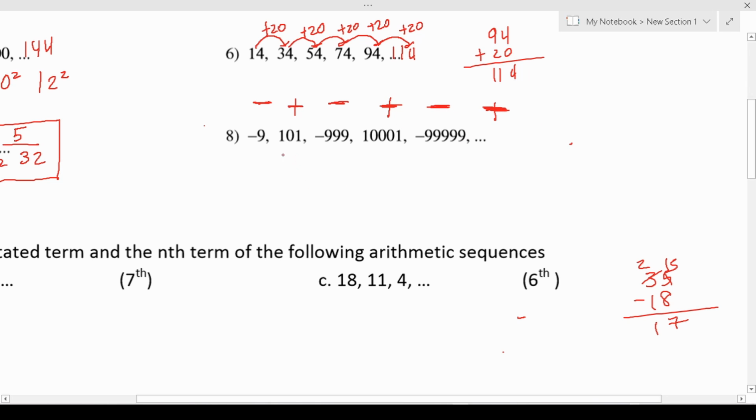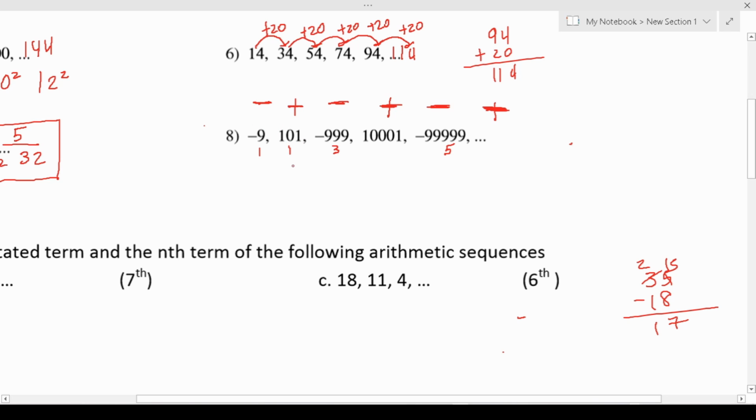And at the same time, you can see that we're dealing with 9s as well as 1s and 0s. In this case, we have 1 nine, 3 nines, and then 5 nines. Okay? So the 9s are increasing by odds consecutively. And in this case, we have zeros that are sandwiched by 1s.